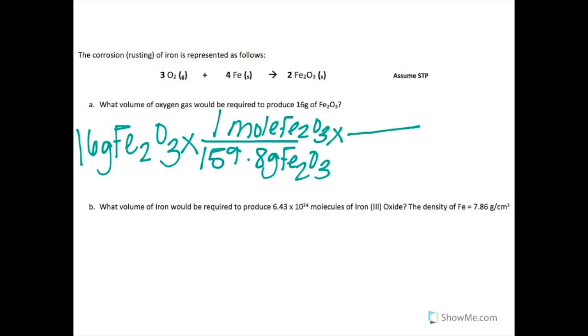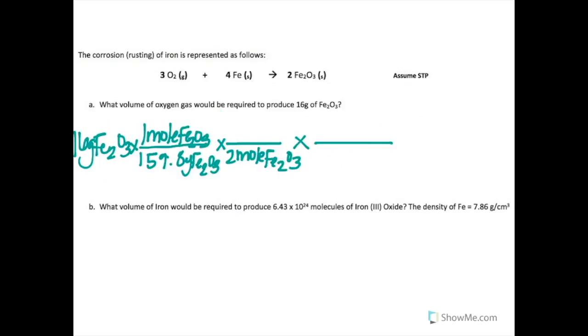Next, we determine the mole-to-mole ratio. You have moles of iron oxide on the bottom, which if you look at the equation, is 2 moles of iron oxide. Since we're looking for the volume of oxygen gas, the mole-to-mole ratio would be 3 moles of oxygen gas on top. Now that we have the moles of oxygen gas, we can use the 22.4 liter conversion.